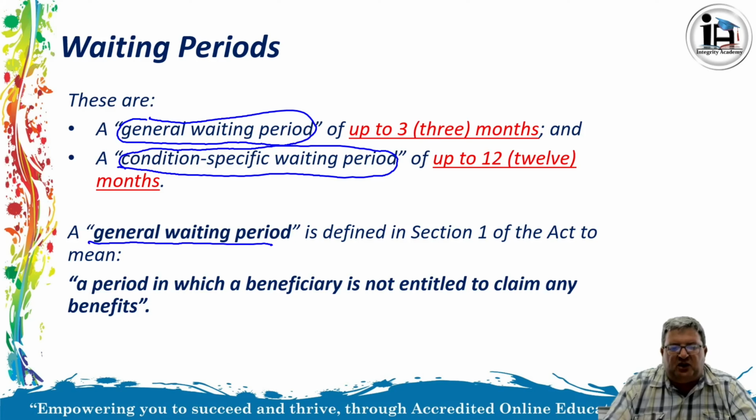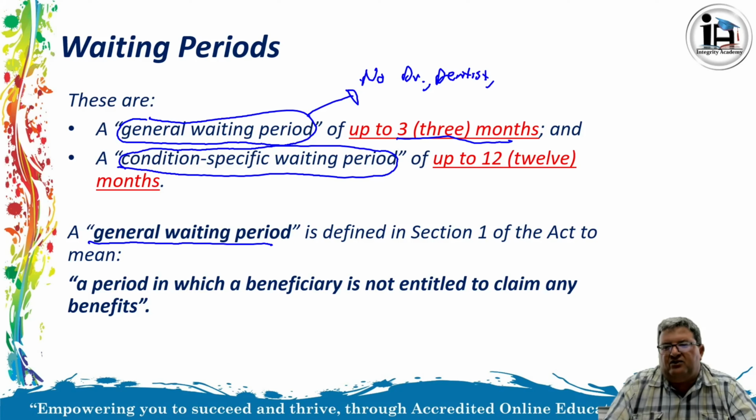Act to mean a period in which a beneficiary is not entitled to claim any benefits. So for your general 3 months, you can get no doctor's appointments, no dentist, no glasses, spectacles, no operations, etc. But it is excluding emergency.